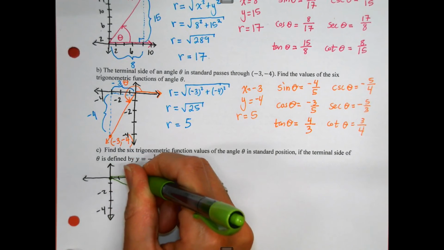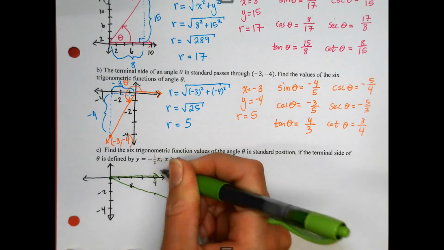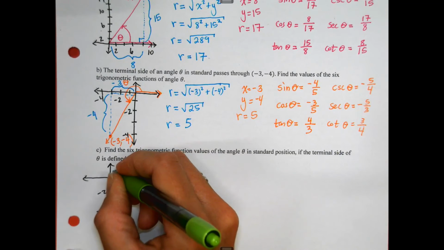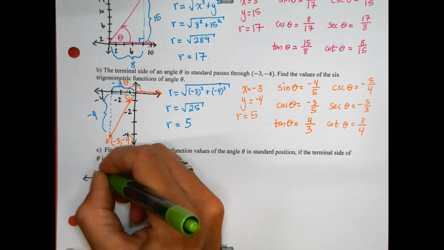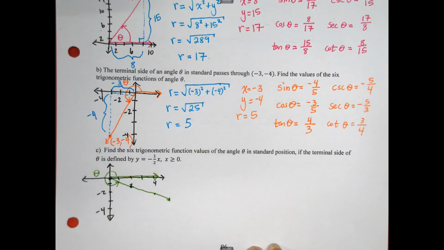The initial side of our angle is here on the x-axis. So there's our angle theta. And it didn't tell us what point to use. We know that any point that is on this line is going to be on the terminal side of our angle. It's up to you what you want to use as the point.